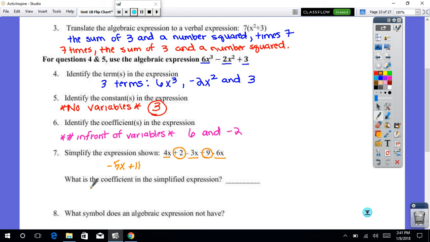Once you simplify it, it wants to know what the new coefficient is. Well, the new coefficient is -5.